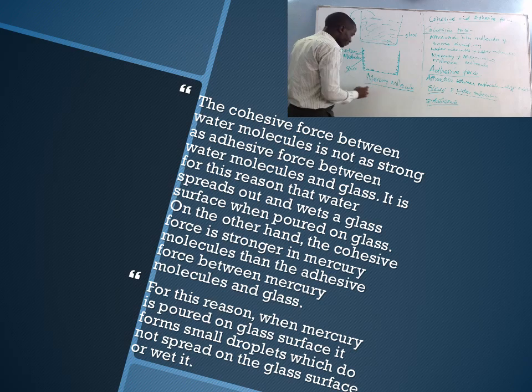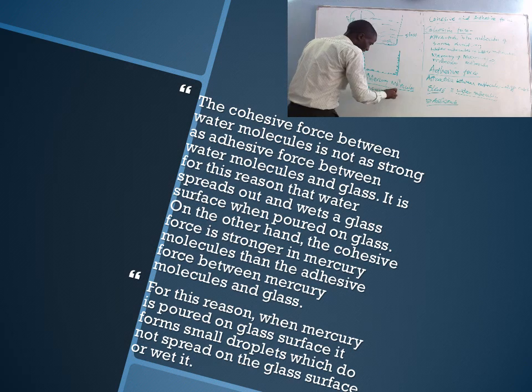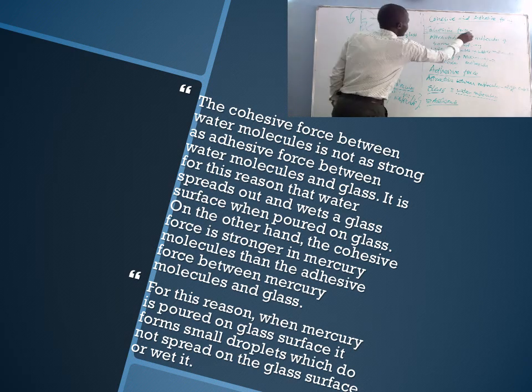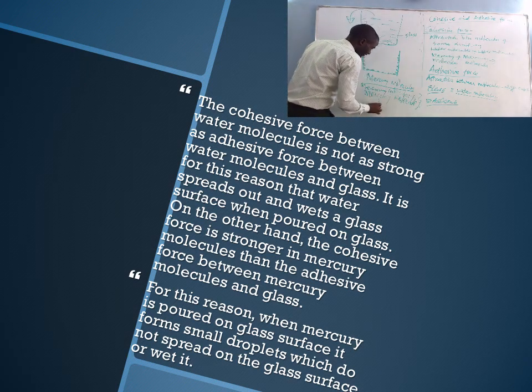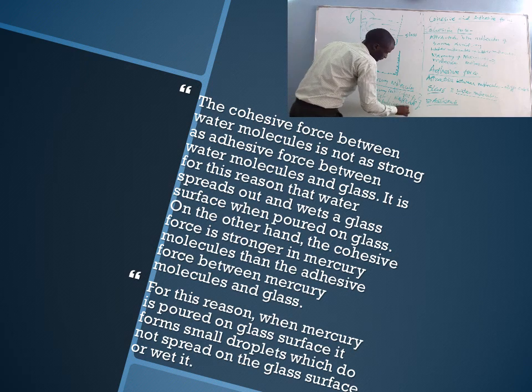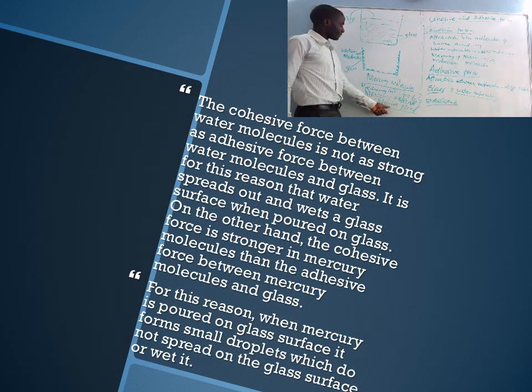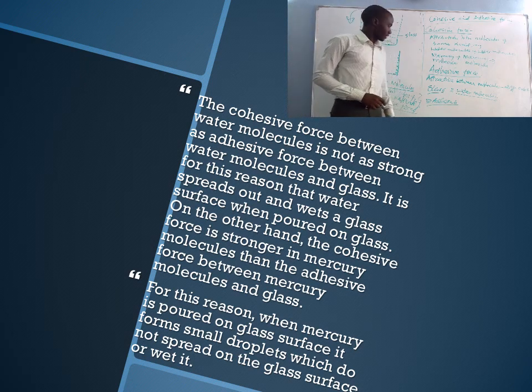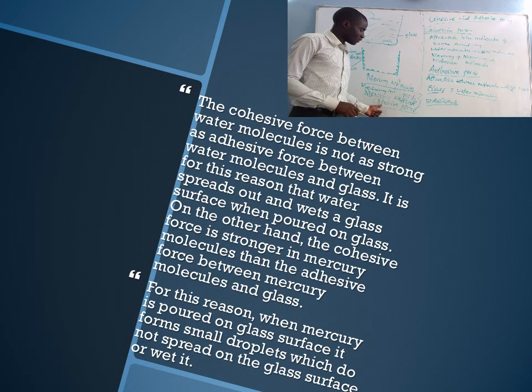So therefore, the attraction between a mercury molecule and another mercury molecule, in this case, we are experiencing cohesive force, which is much stronger than adhesive force. There is adhesive force, yes, but the magnitude of the adhesive force is less than the cohesive force.